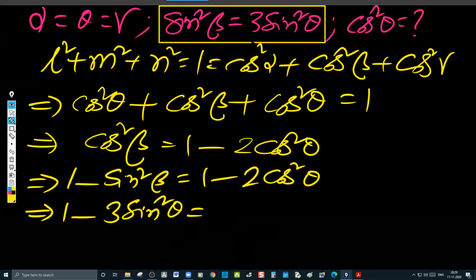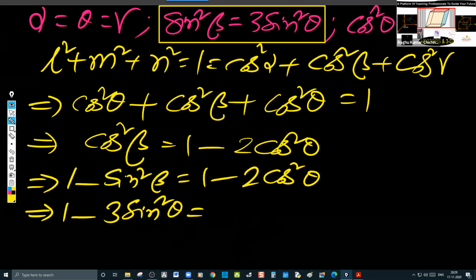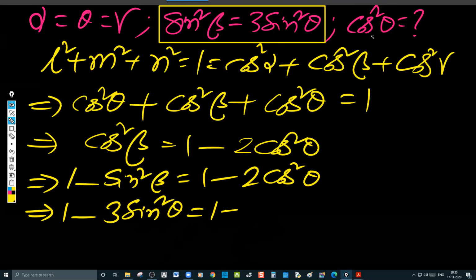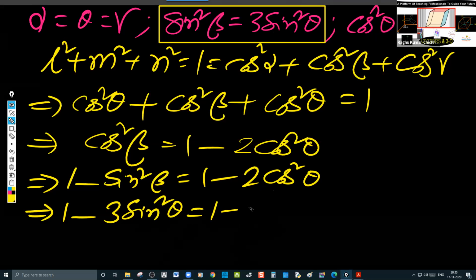I replace sine square beta with 1 minus 3 sine square theta. Correct or not? Yes, sir. Now I can write 2 cos square theta even in terms of sine square theta, but he is asking for the cos square theta value, so keep it like that only.